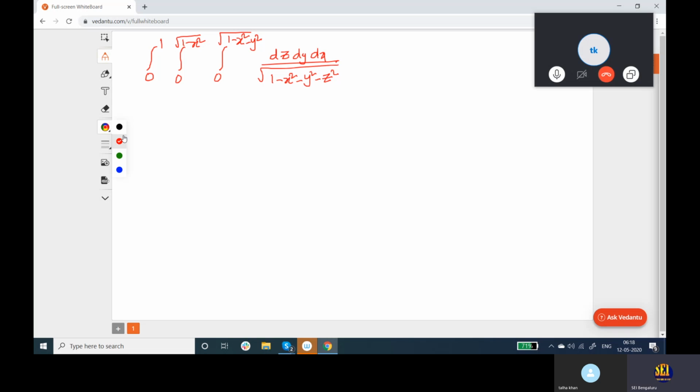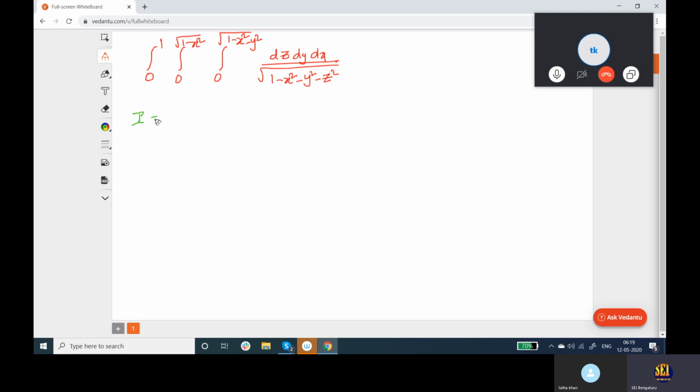So in this question, we need to understand dz, dy, dx. So x will come first, y second, and the third one is dz. This is the first step what we have to do.